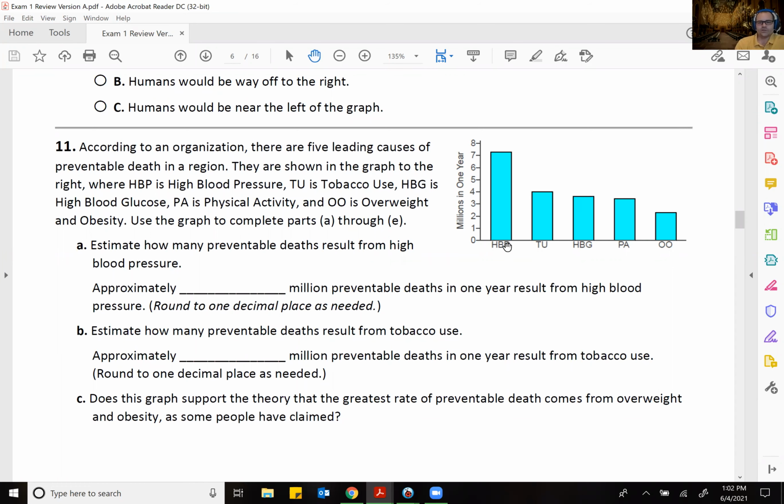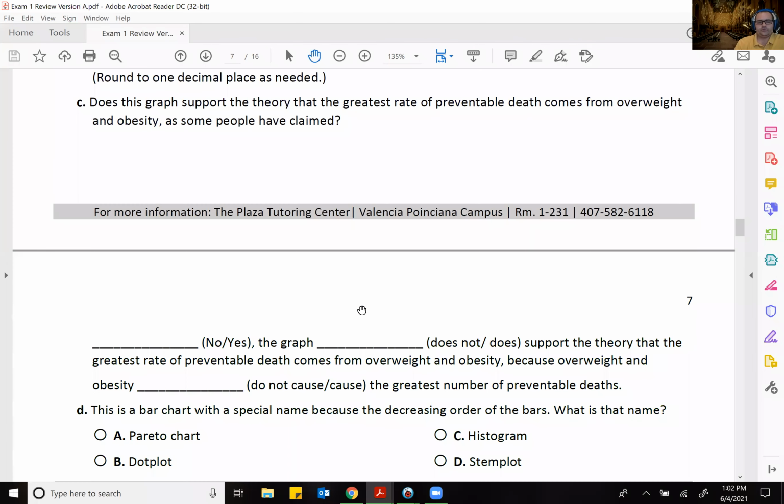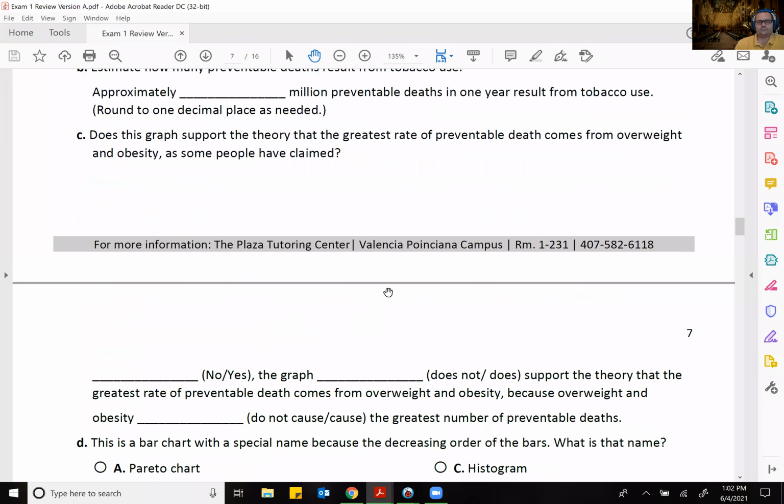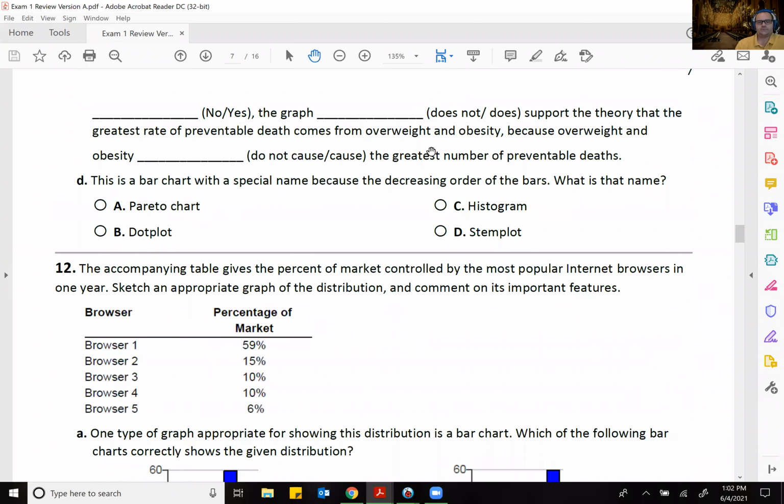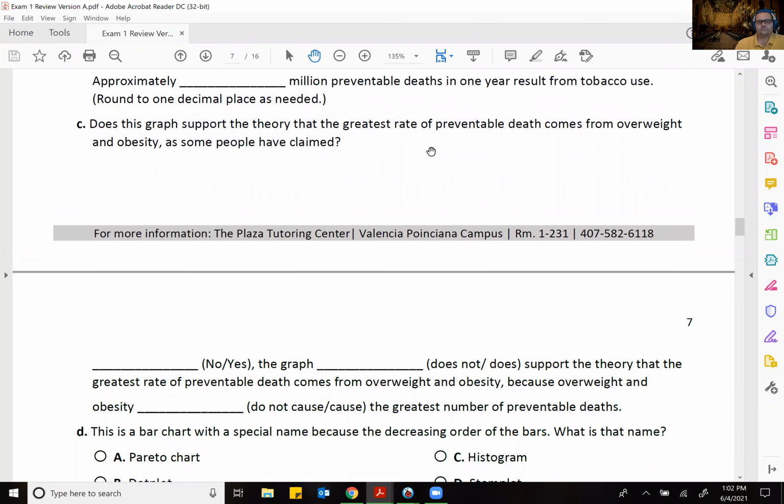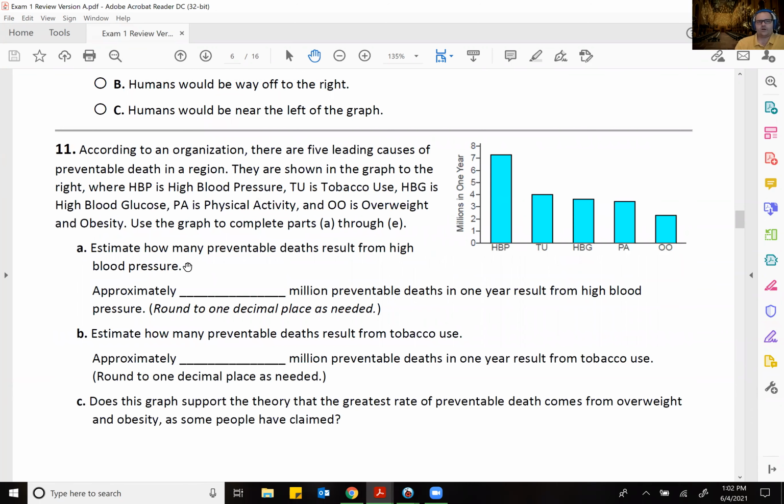So those are giving you the nicknames for them, the shorthand. All right, so we got questions A through, well, it says E, but I only see question D. That's all right. I'll go back and look at this here in just a second, make sure everything gets answered.